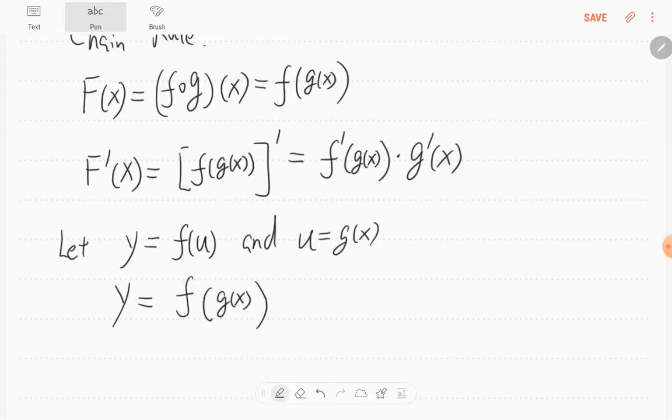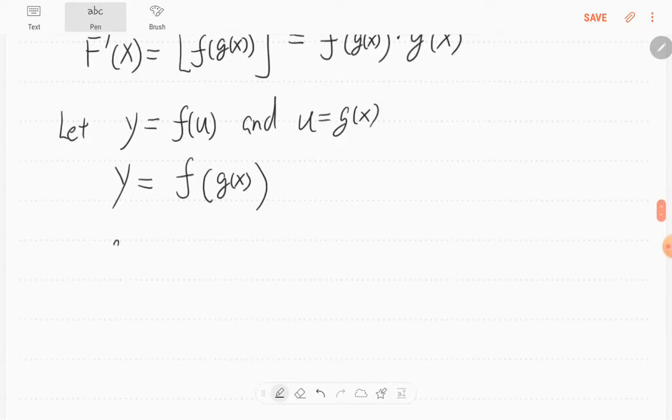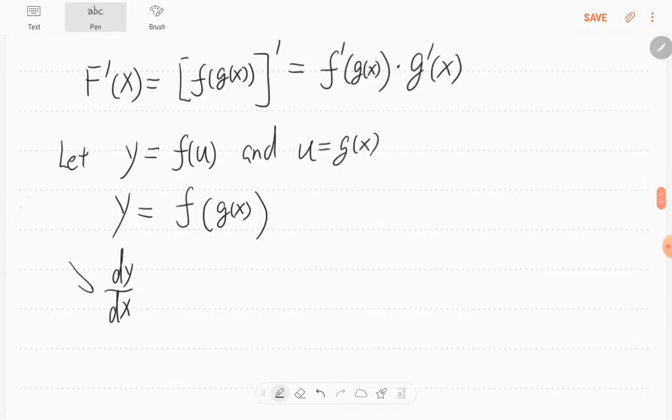If we use the Leibniz notation, dy over dx, this is called the Leibniz notation.